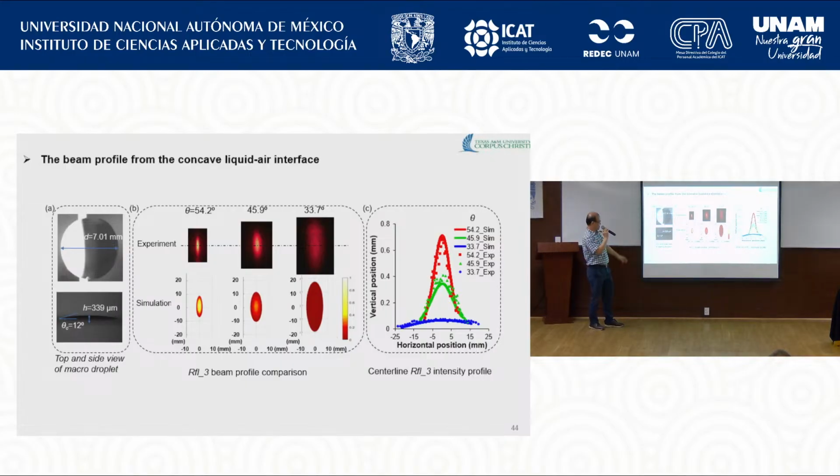And of course the droplet's contact angle is a big one, like 12 degrees. We don't see any interference fringes, and the upper one is our experiment and the lower one is a simulation. They match well depending on the different incidence angles.